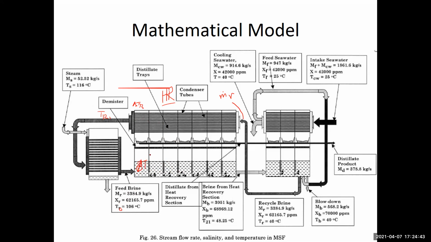That could enable us to do many simplifications of the model, leading to the sensible to latent ratio, which is basically Y, with HFG of the vapor evaluated at some average temperature in the middle of the plant.